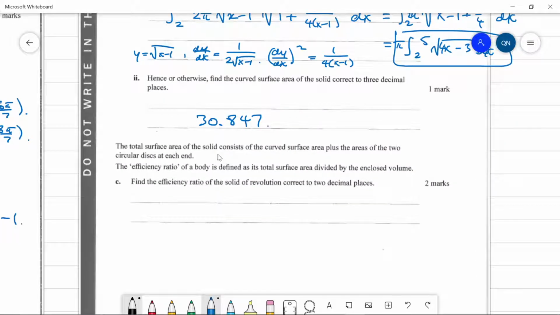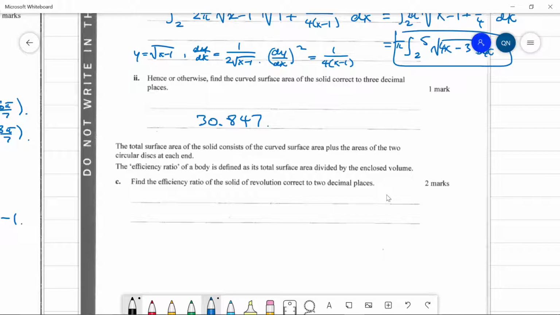Total surface area of the solid consists of the curved surface area plus the 2 circular discs at each end. The efficiency ratio of a body is defined as its total surface area divided by the enclosed volume. Find the efficiency ratio of the solid of revolution, correct to 2 decimal places.